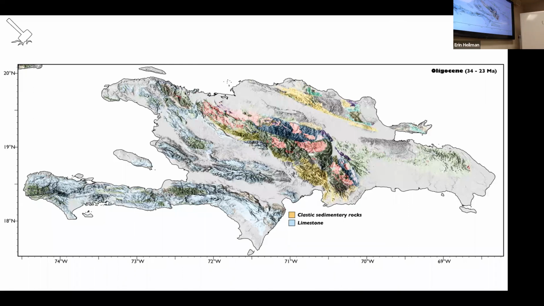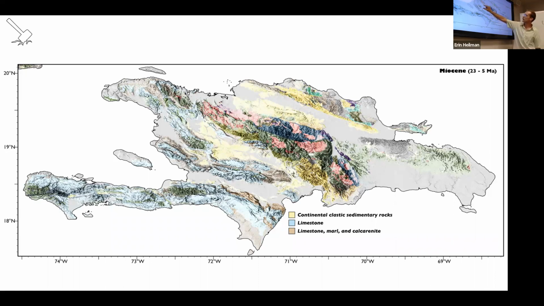And then stepping into the Oligocene, you have continued clastic sedimentary rocks forming in the Ocoa Basin and in other basins to the south of the Central Cordillera, as well as in the north. And then in the Miocene, you start to have the progradation of a clastic wedge out of these basins. And importantly, this is when the island has been exposed above sea level. So you have continental clastic rocks.